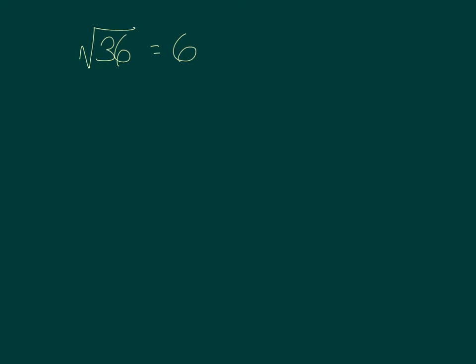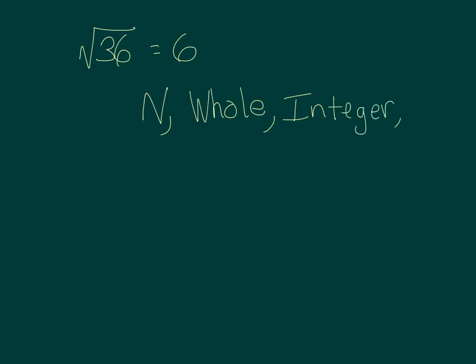So simplify it first, then decide what categories it fits into. For 6, that is definitely a natural number. That's a counting number. It is also a whole number. And if it's a whole number, it also must be an integer. And if it's an integer, it also must be rational. And of course, everything that you know about right now is real.